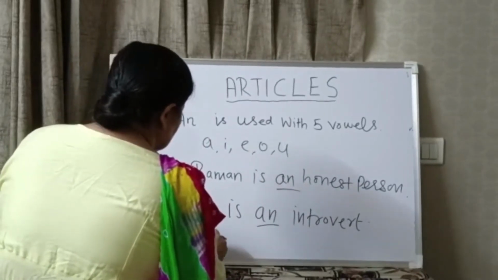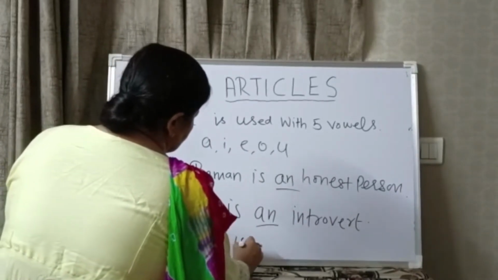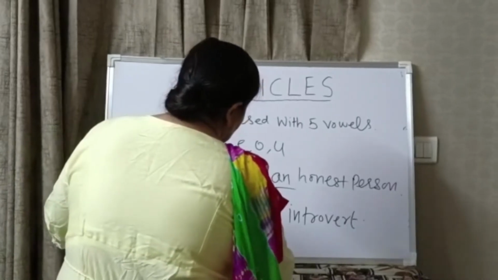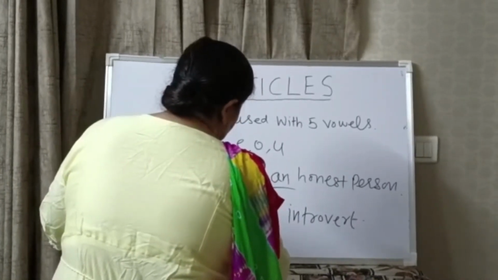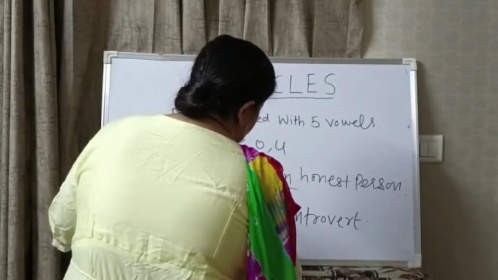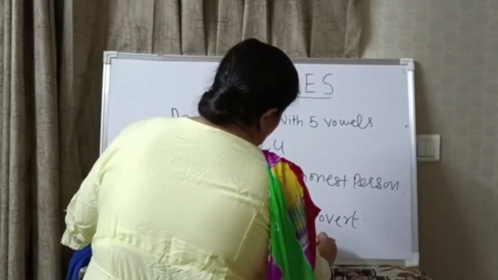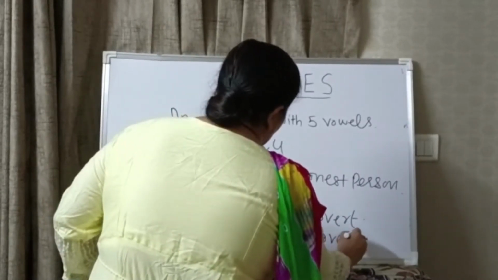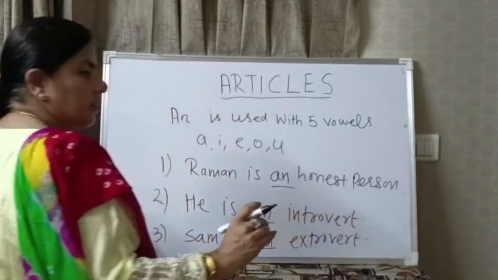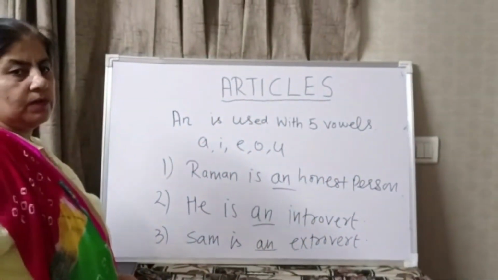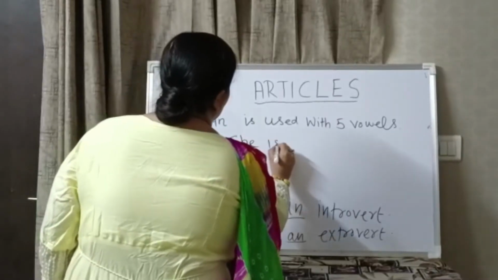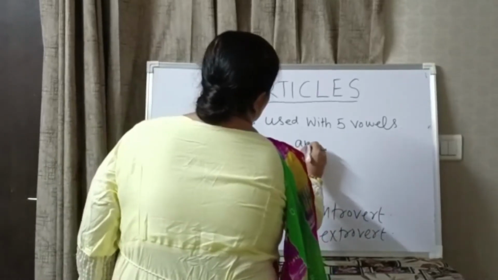Sam is an extrovert. I have an orange. These are all clear to you? She is an intelligent girl.